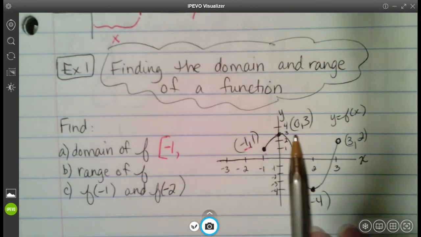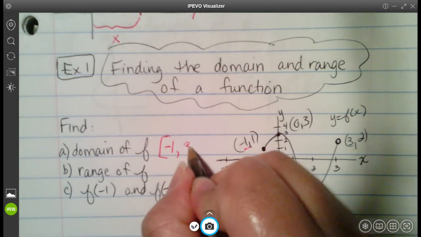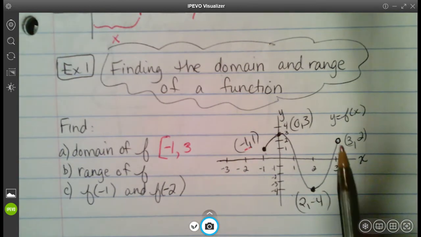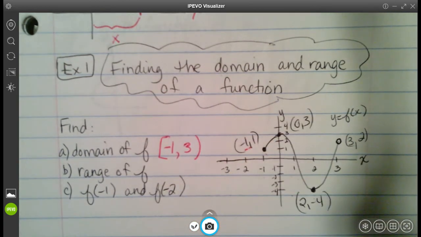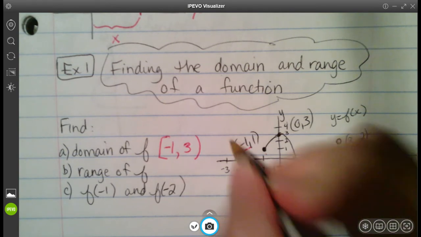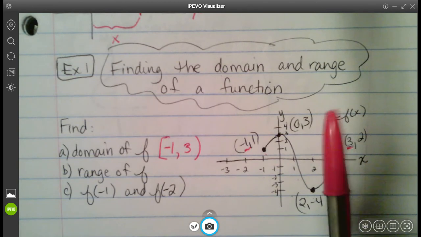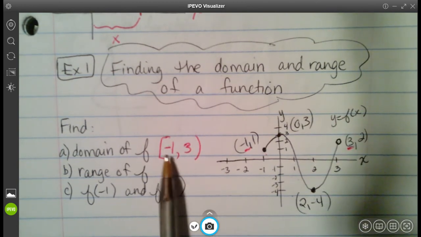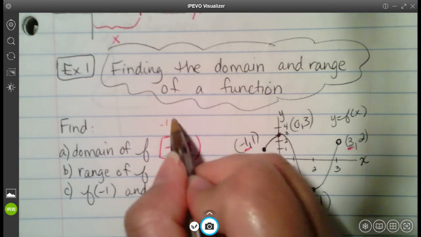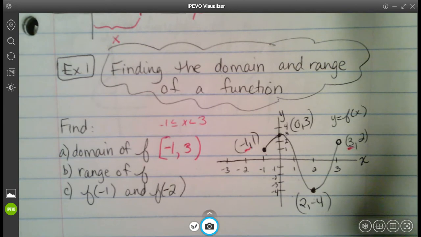And it goes all the way to this point right here at 3. Now, 3 is an open circle, so that's going to be a parenthesis. And that's pretty much it for the domain: between -1 and 3. We look for the far left and the far right. I'm going to be using interval notation. If you prefer to use a different notation, such as this one, the algebraic, that is perfectly fine. You decide, as long as it's correct.